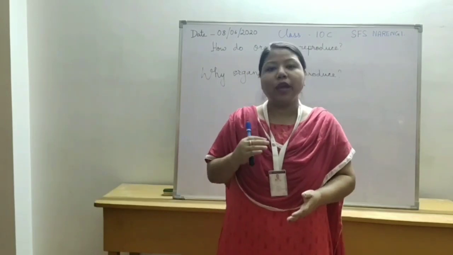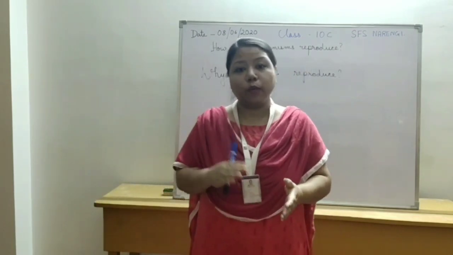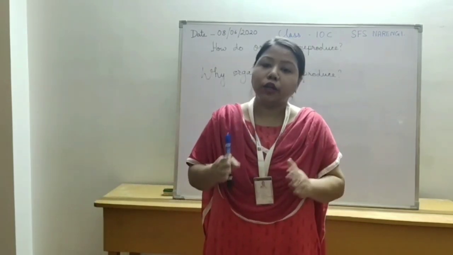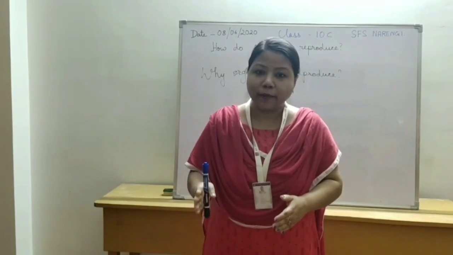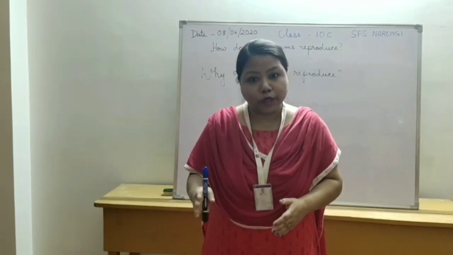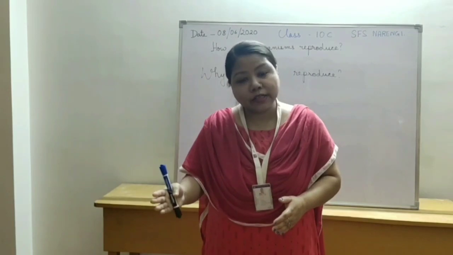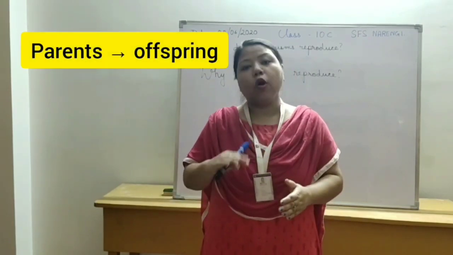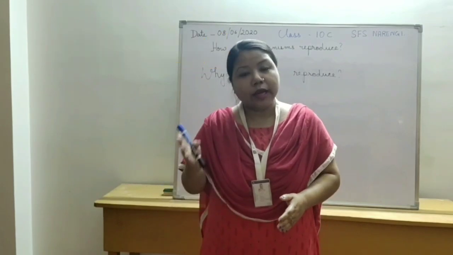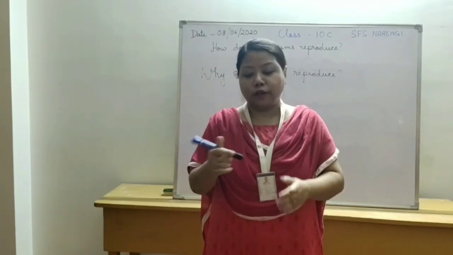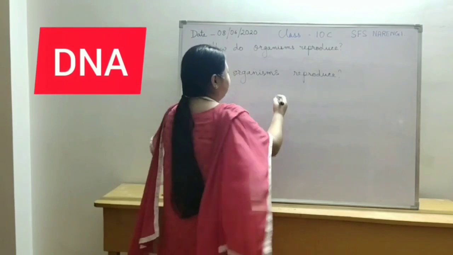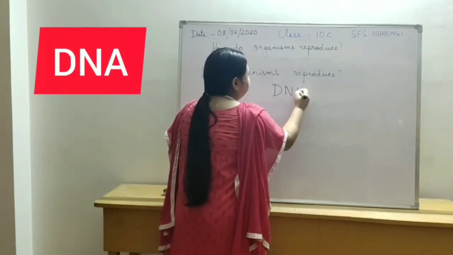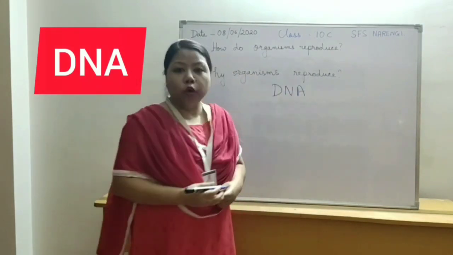In class 9, we have already learned that the chromosomes in the nucleus of a cell contains the information for inheritance of features from the parents to the offspring or the next generation in the form of what? In the form of DNA. Yes, in the form of DNA molecule.